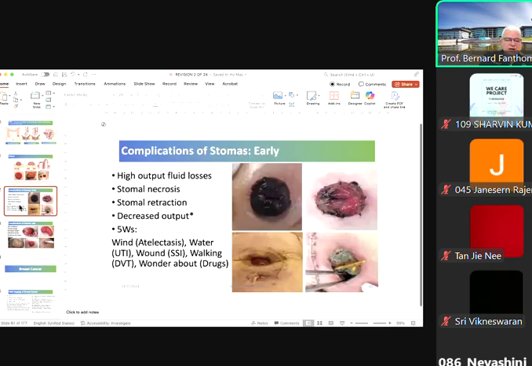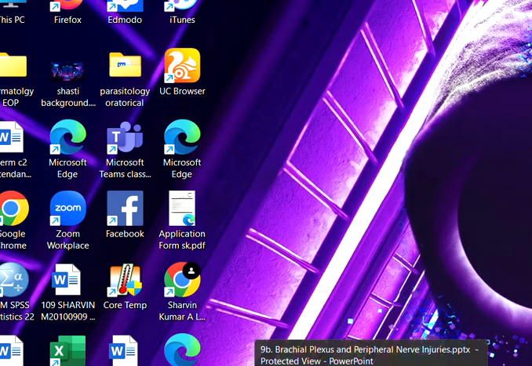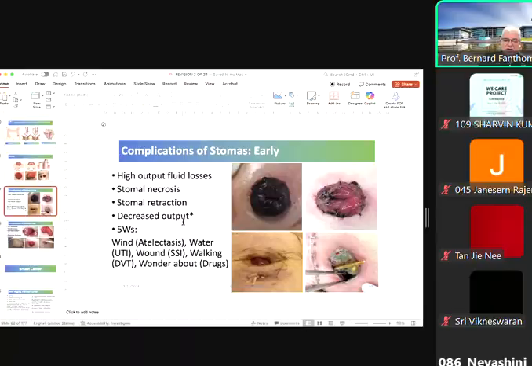Then once we have identified it, we look at what complications are possible. In the early part, when intestinal obstruction is relieved, like we get in kidney obstruction, the patient has a large diuresis. Similarly here, the patient can have a large output from the stoma and can get dehydrated. Then in case the blood supply is compromised, it can get necrotic.